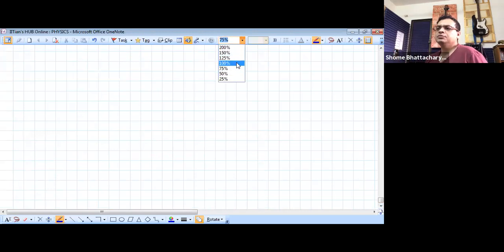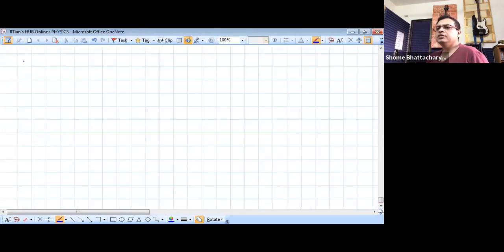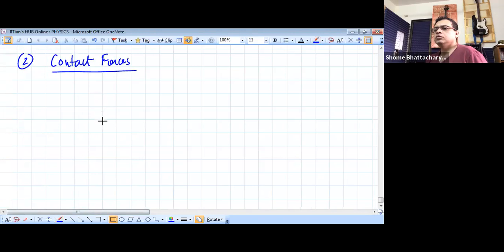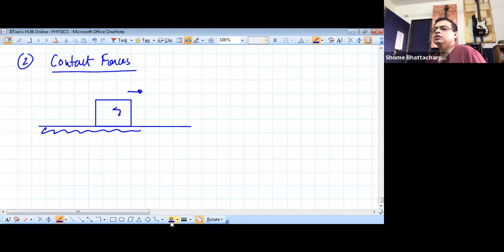Now, next we will see the second category of common forces, which are contact forces. Like earlier we saw today, now if this body is moving like this, there are two types of contact forces that would be acting on this.